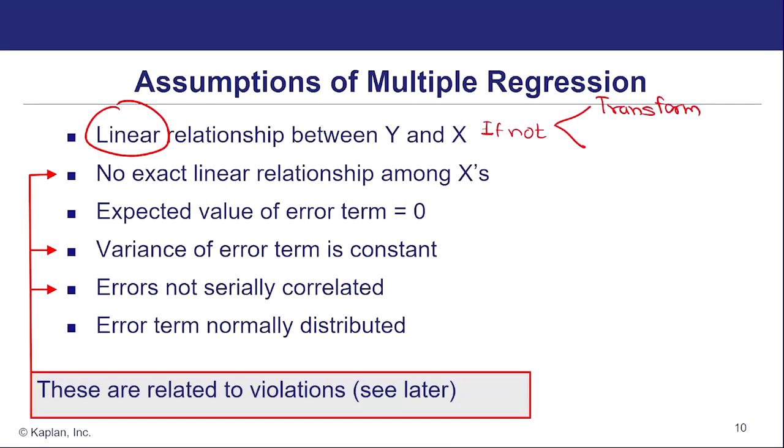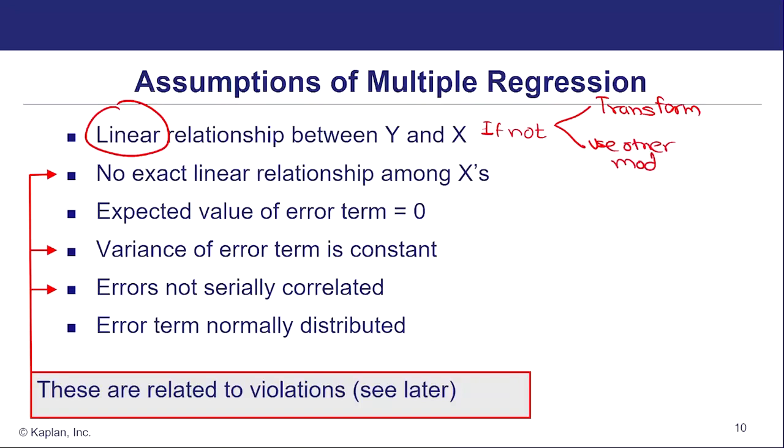You may want to transform the data, either transform the Y variable or the X variable, or both, so that the transformed variables will have a linear relationship. So that is one choice. Alternatively, use other models.